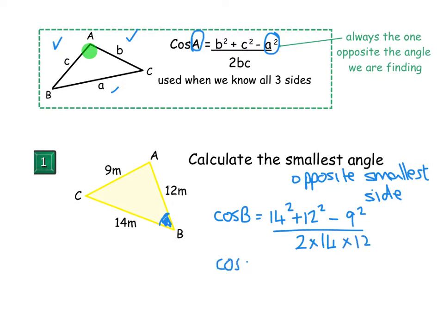Now, if you are using your calculator on the fraction mode, I would encourage you to press the fraction button and put them in top and bottom. Other ways to do it, if you don't have a calculator that has the fraction button, do you know the fraction button that comes up with the two wee squares like that on the Casio? That then lets you just type in the top line and the bottom line separately.